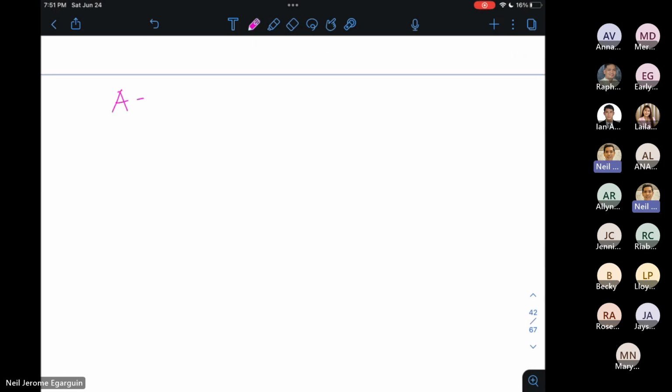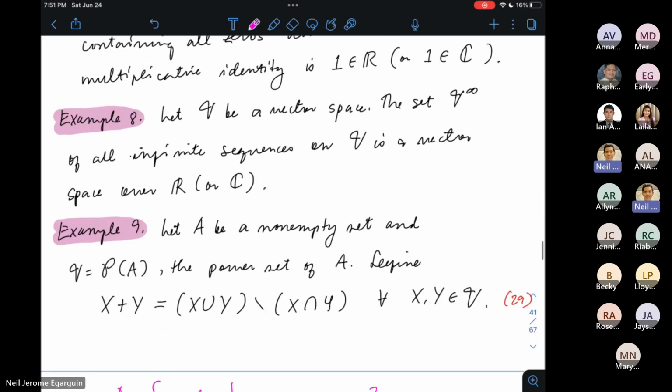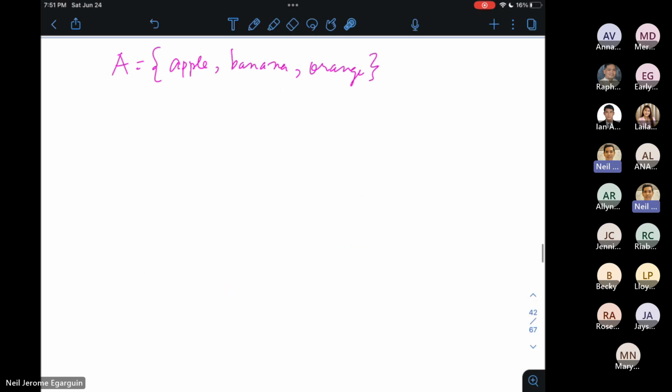A short one, because the vector space gets large. Maybe apple, banana, and orange, for example. Let's say this is my set A. And that's fine because the example just told us to have a non-empty set A. So it's okay whatever its contents are.